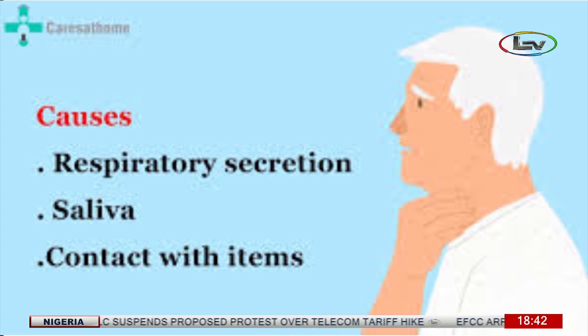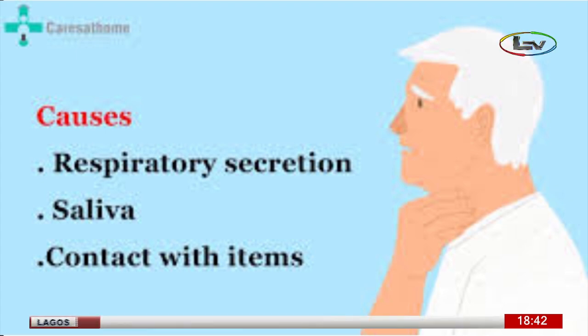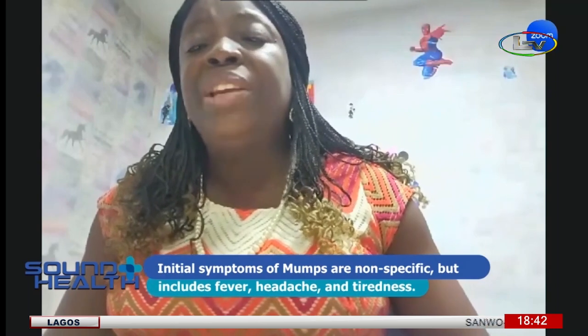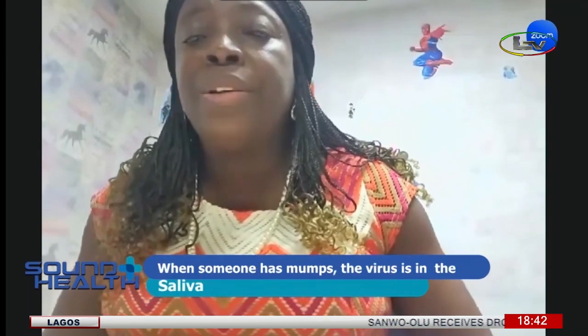There may be orchitis, which is the inflammation of the testicle, and some of them may also have pancreatitis, which is the inflammation of the pancreas. So these are the common complications that are associated with severe cases of mumps, if it is severe enough and it is not treated on time.